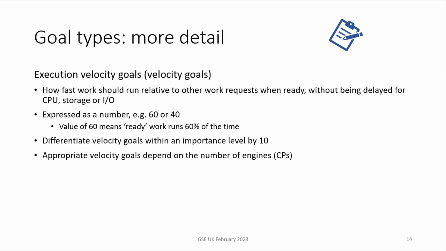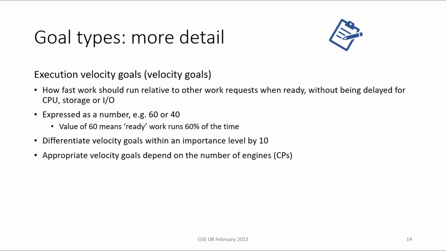And we express this in a number. Usually you use nice round numbers that are multiples of 10. A number of 60 means that this service class with a velocity goal of 60% of the time when it's ready to run, it is running. And then 40% of the time when it's ready to run, it's not running.